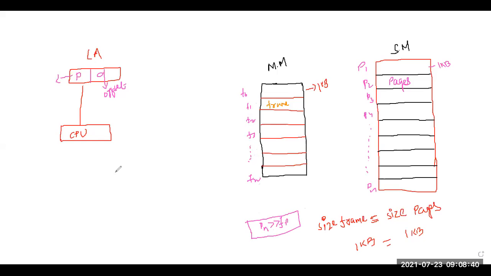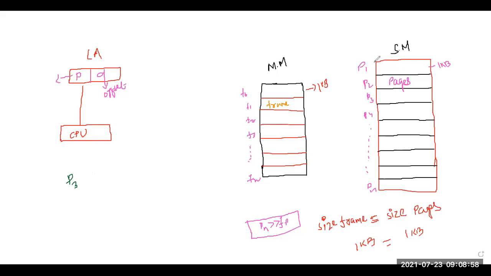So what will the CPU generate? The CPU always generates a page number and an offset address. Assume the CPU is generating page number 3, and the offset address means the limit of each page. Each of these will have some limit.